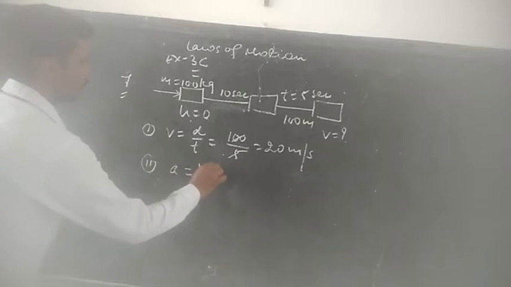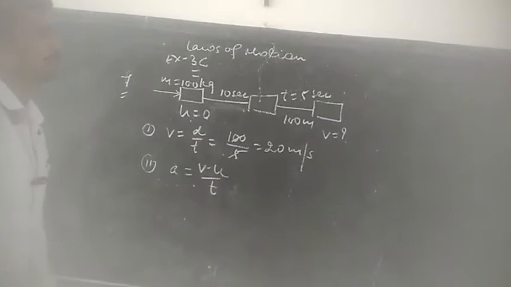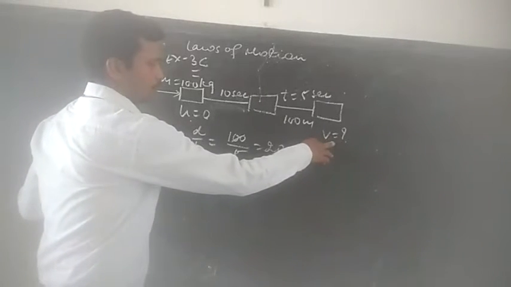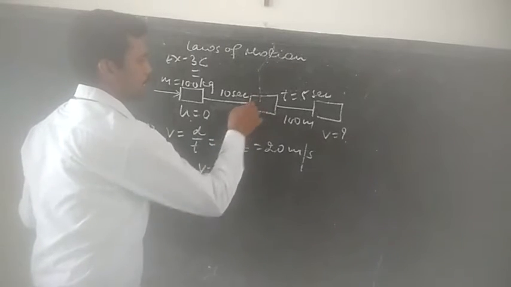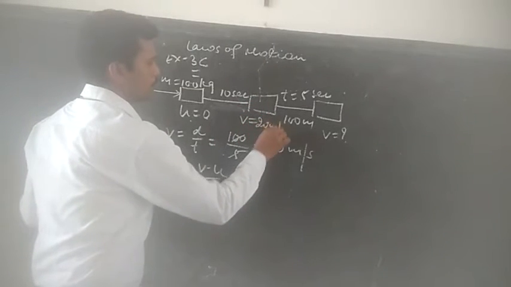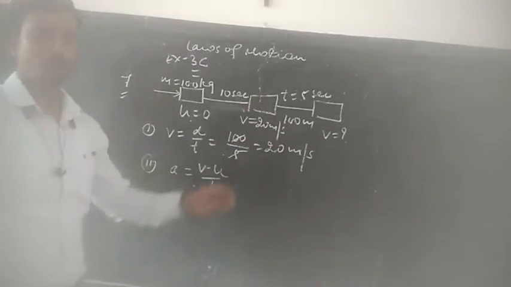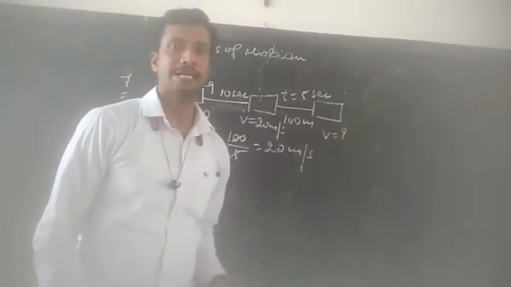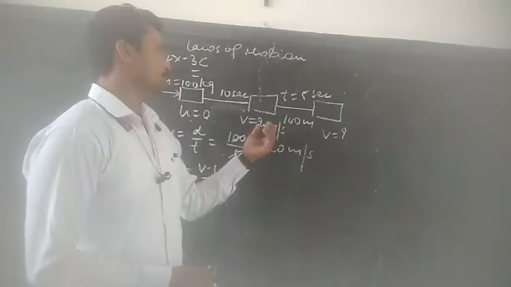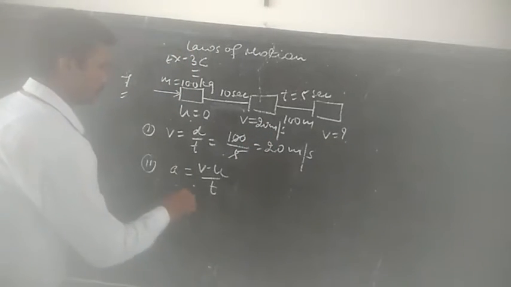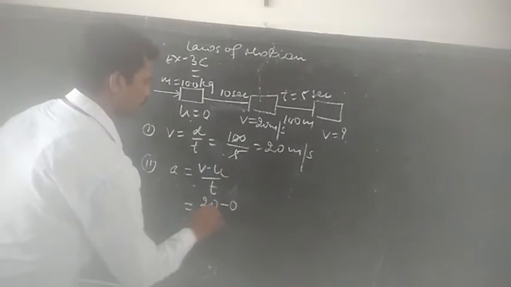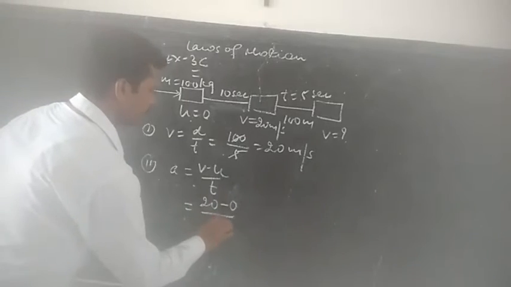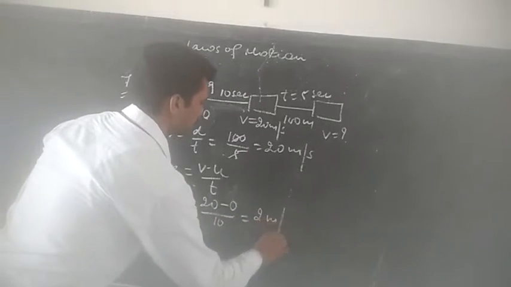A is equal to V minus U divided by T. This velocity of 20 meters per second will be the same for the second position also, because the force has been withdrawn, so the body is going to move with the same uniform motion. Since we have to find the acceleration, final velocity is 20 minus 0 and time is 10, which is equal to 2 meter per second square.